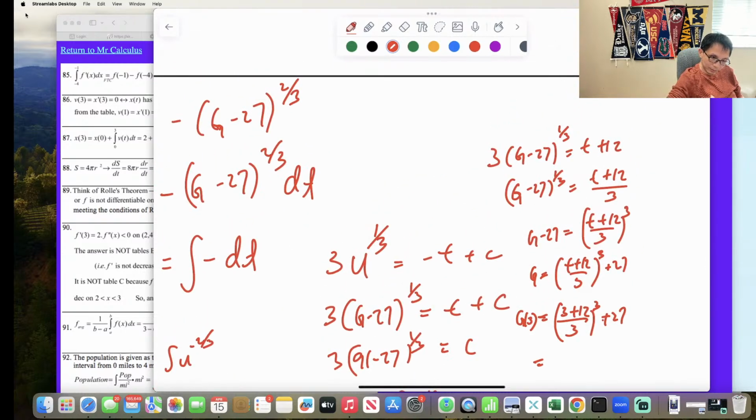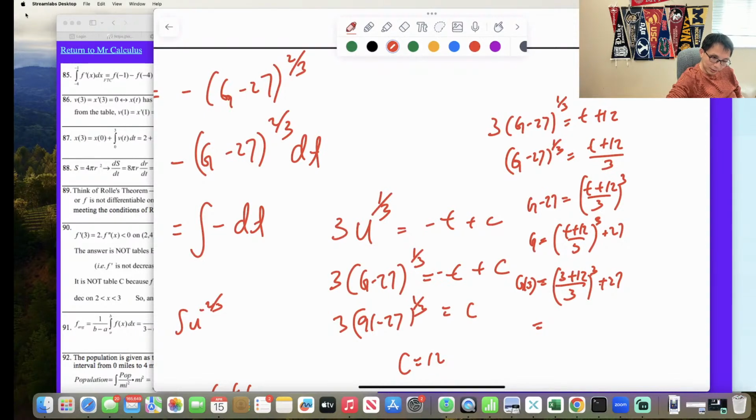I lost my sign on the way. Let me fix it, and this is negative 3. So that's going to give you 3 to the third plus 27. That's equal to 54, and the answer is 54. Thank you for fixing my mistakes. I forgot a negative sign.